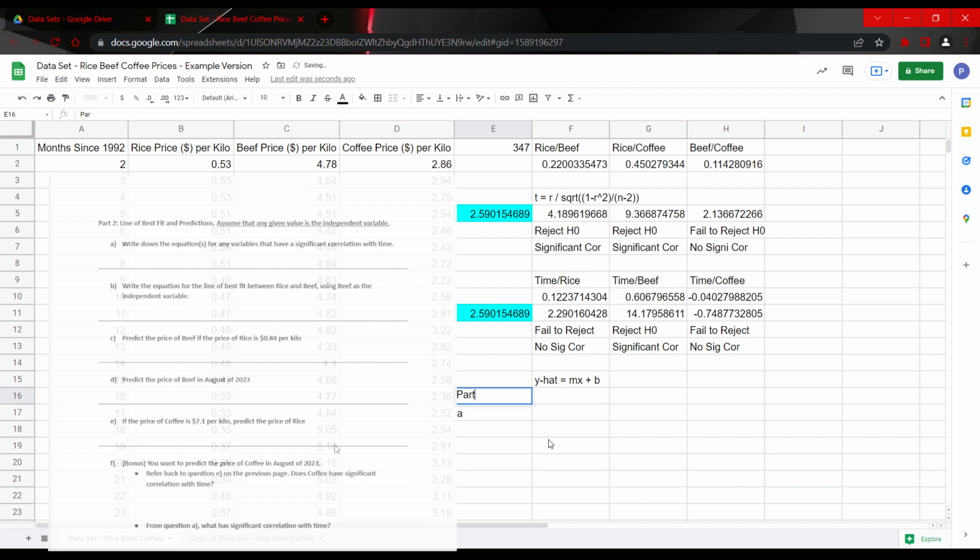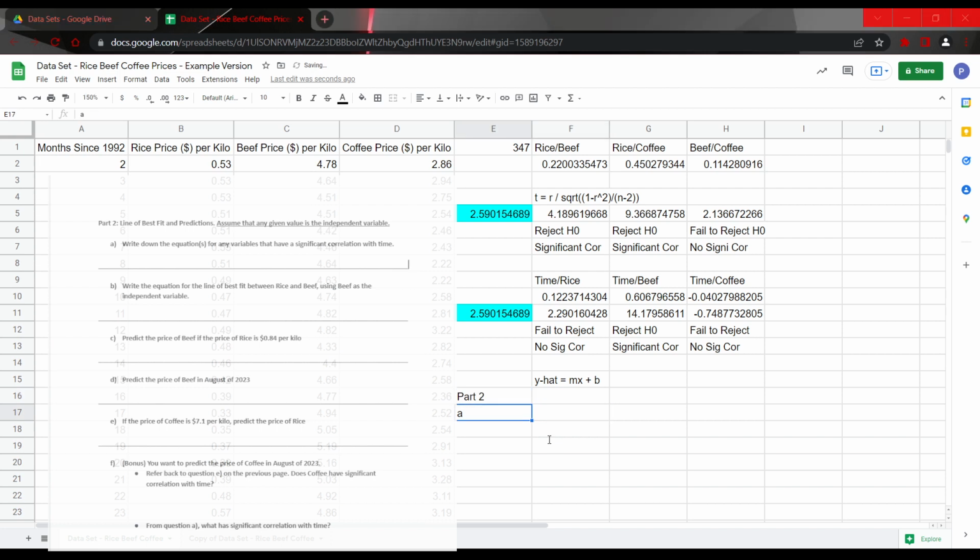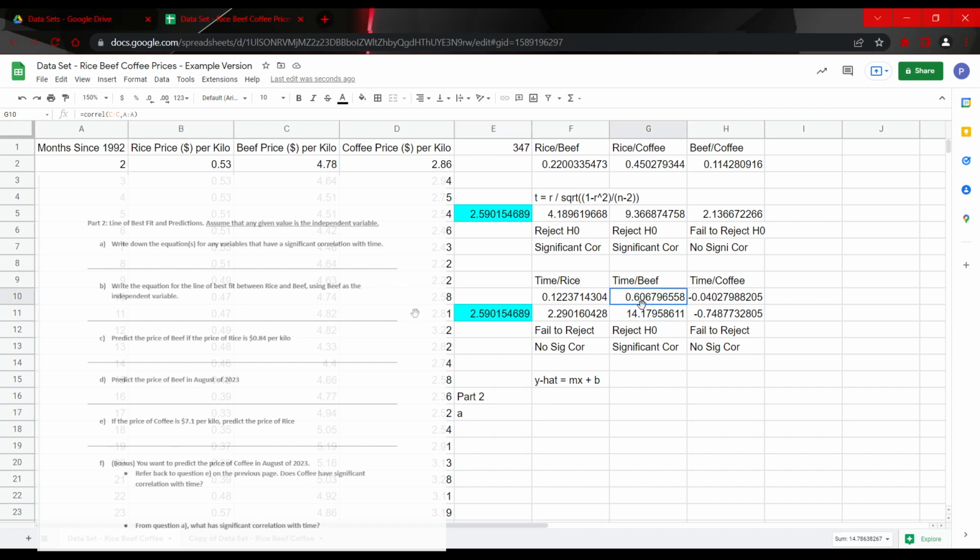So part two, question A, the only variable that has significant correlation with time is beef, right? We figured that out from this number here. And so for beef and time, to find the slope, we use SLOPE. Dependent is our beef price and independent is our month.